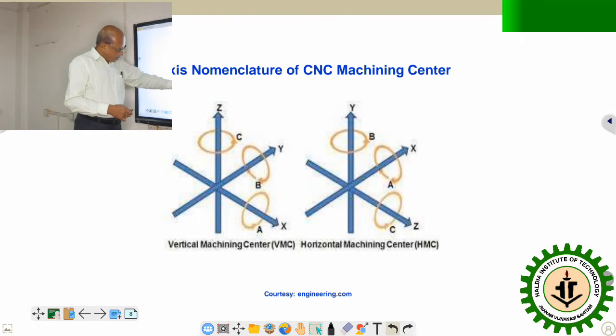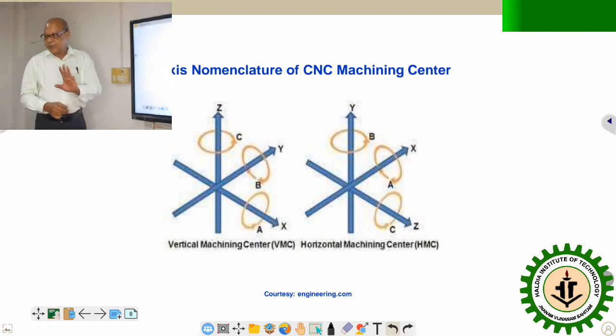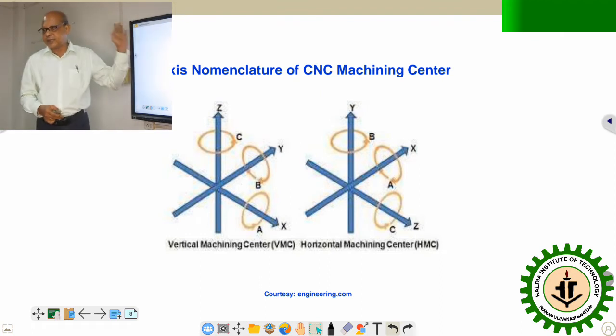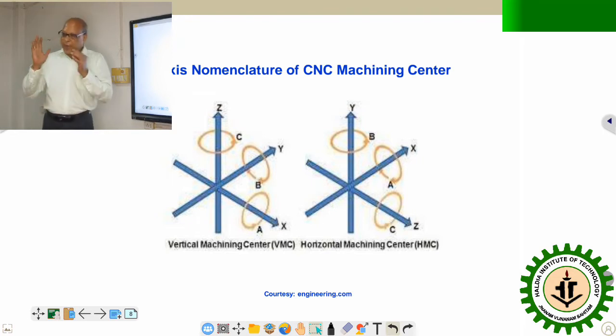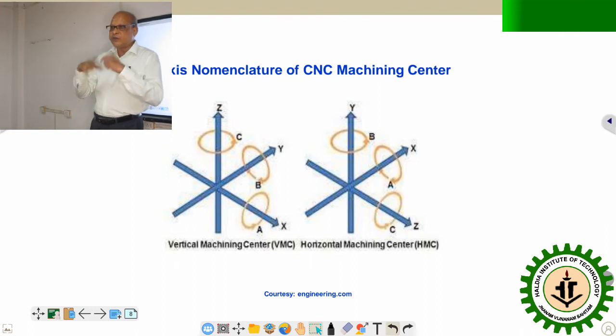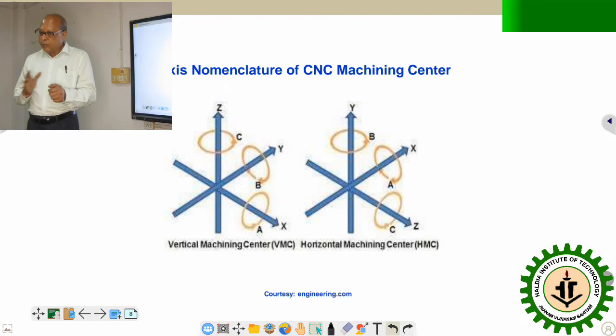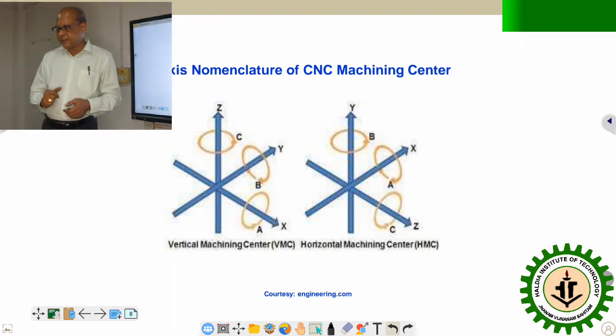Okay, rotation about x axis is identified as A, rotation about y is identified as B, and rotation about z is identified as C. So 3 linear plus 3 rotary, so maximum 6 degrees of freedom or 6 motions are possible. But in reality, 5-axis machining center is available in the industry, which offers a lot of flexibility to undertake a wide variety of jobs without any setting changes.